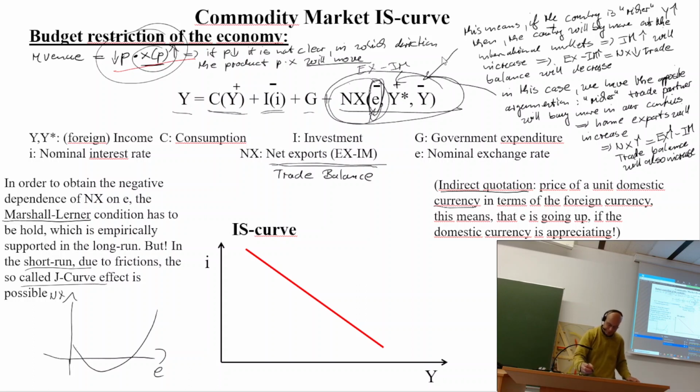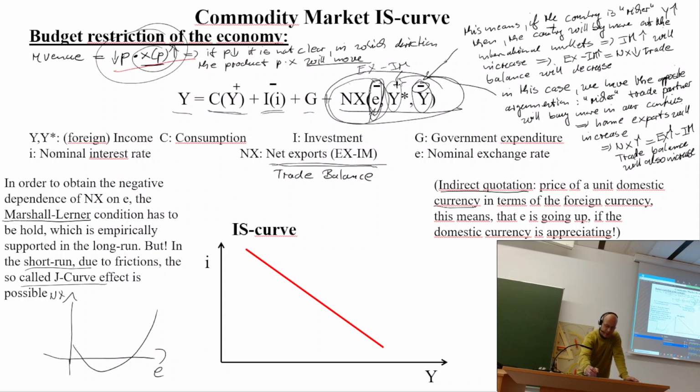And this net exports then depend, of course, on the income at home, Y, with a minus sign here in the dependence, of course. If we are richer, then we are starting to buy more goods abroad. So we are importing more goods, and therefore we have the minus dependence.